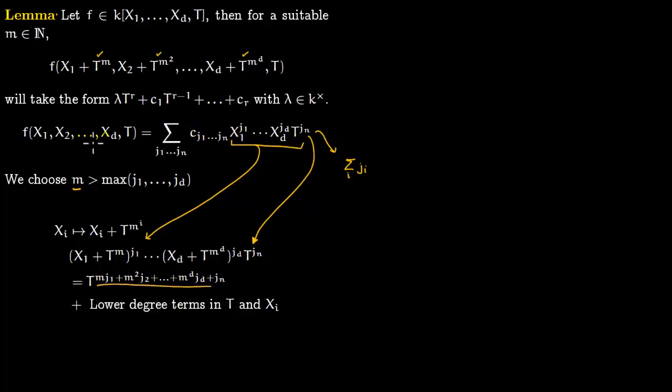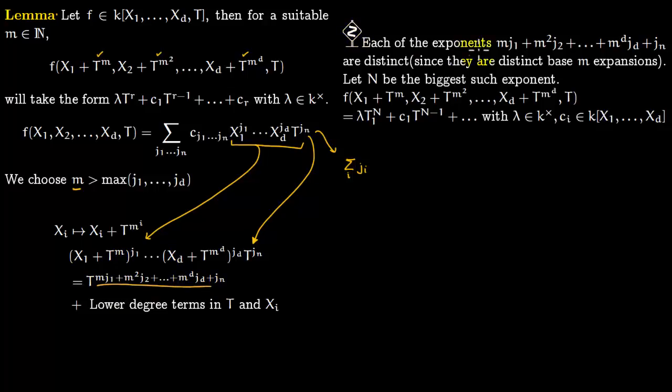So this polynomial will have a sum of terms. For every term you will get a t which will have the maximum degree. Now I've put a dangerous bend symbol here because each of the exponents like this is distinct, since they are distinct base m expansions. And why we need this is because there could be two terms which have the same degree.